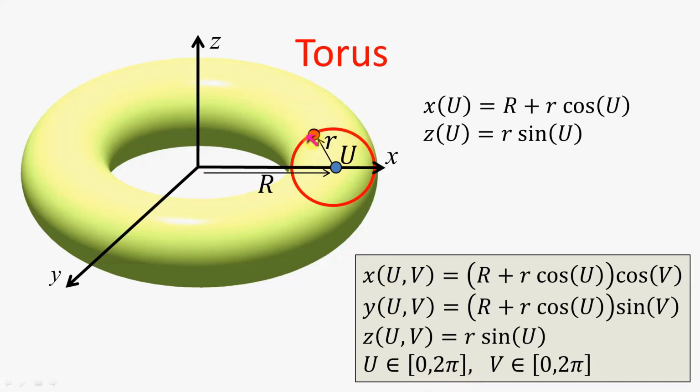First we express the profile curve as a parametric curve of u. We use the parametric equation of the circle, so lowercase r times cosine u and lowercase r times sine u expresses a circle on the xz plane with center being in the origin of the coordinate system. If we translate it along axis x with distance uppercase R, then we can place our red circle here.